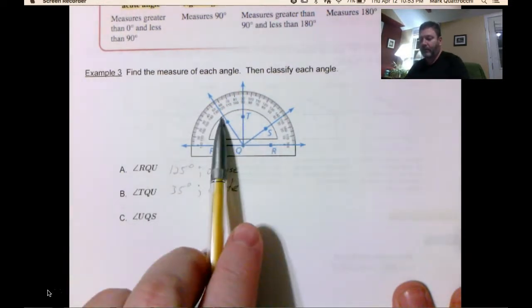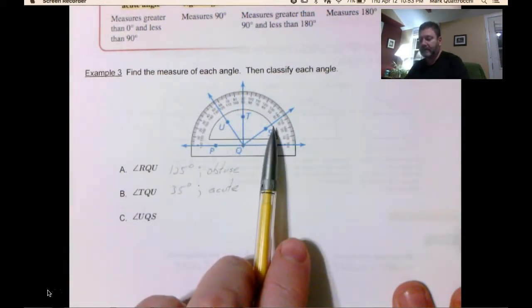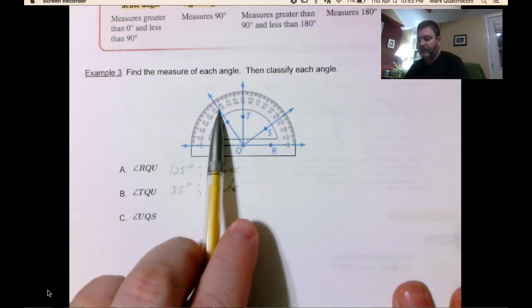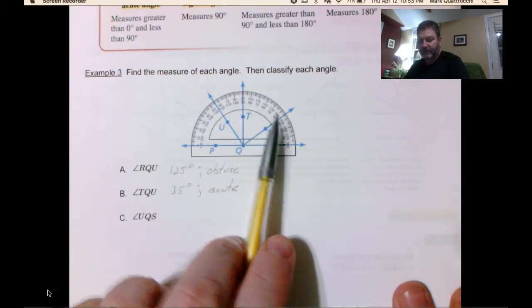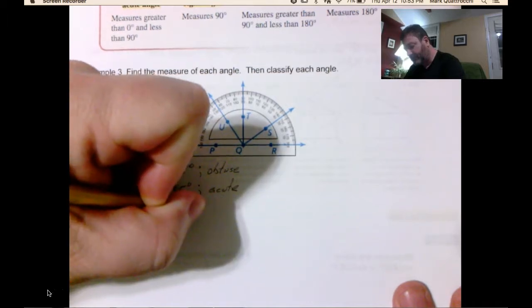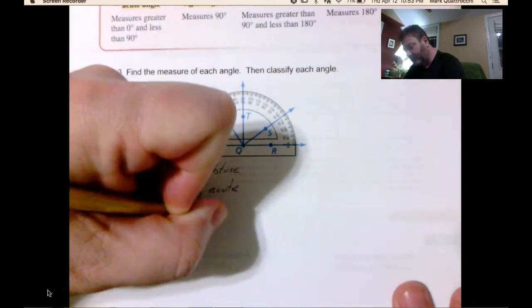Angle UQS goes from 35 degrees up to 125 degrees. 125 minus 35 is 90 degrees. And that's a right angle.